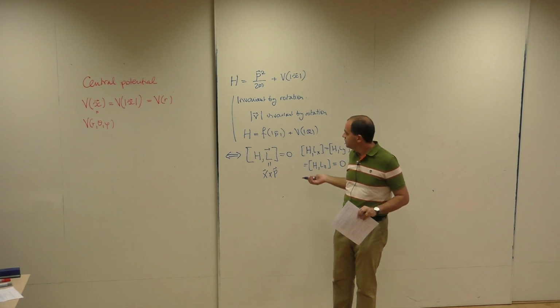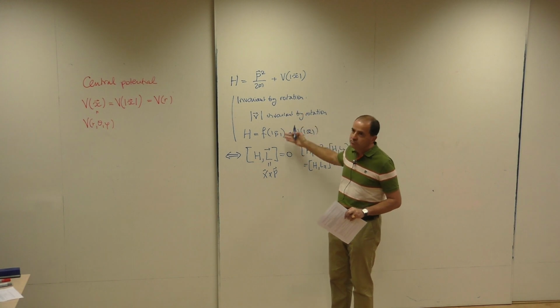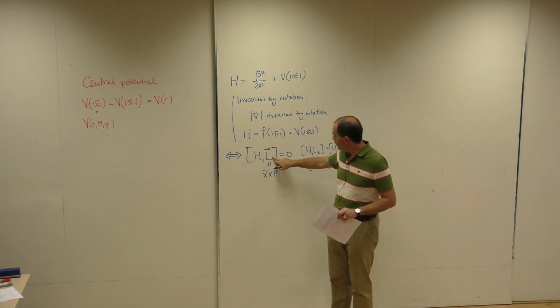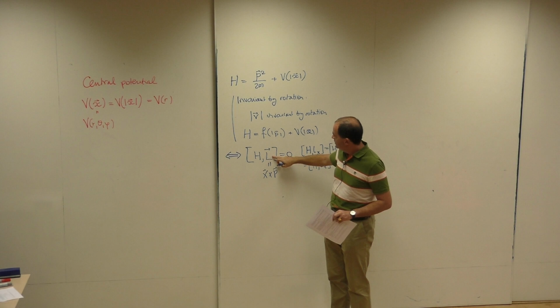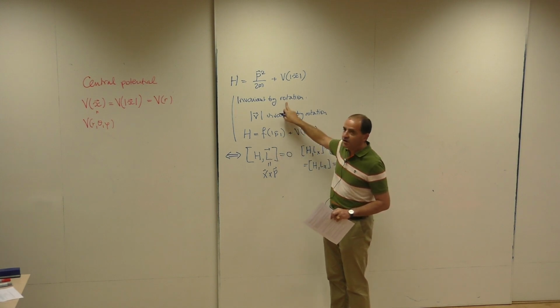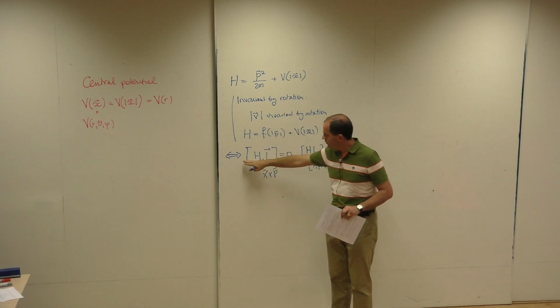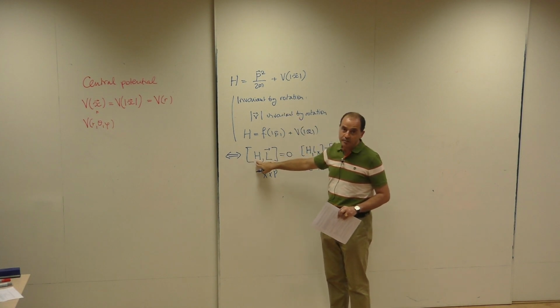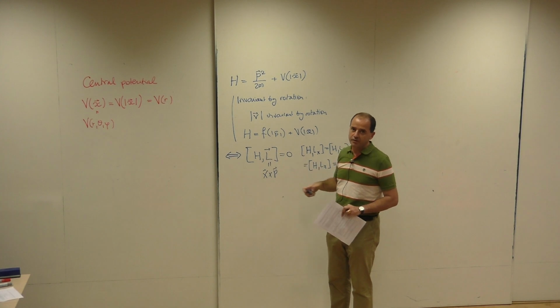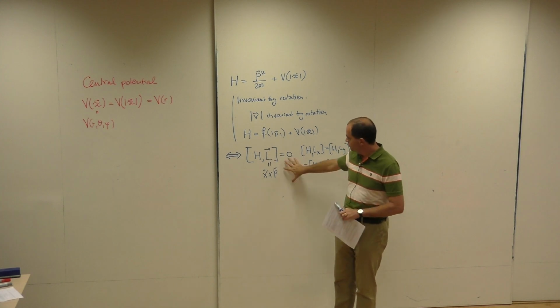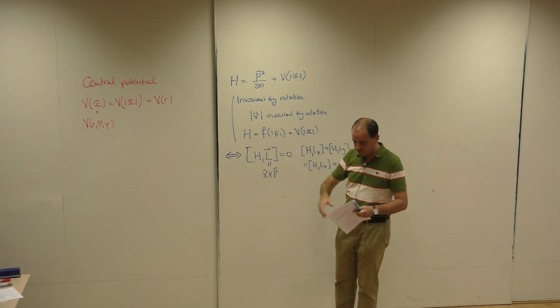But once we know that this object is the angular momentum associated to the material point, the fact that something is invariant by rotation is if and only if that something, in this case the Hamiltonian, commutes with the angular momentum. So I will leave it there. I will not do this proof in a calculatory style.